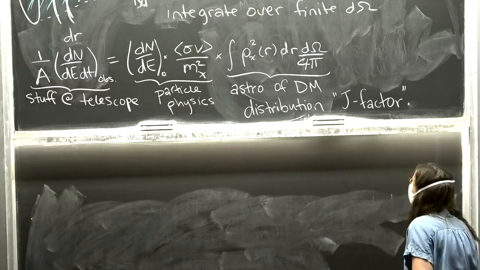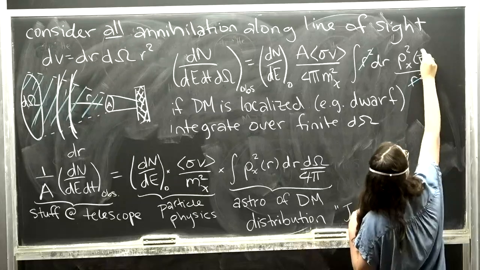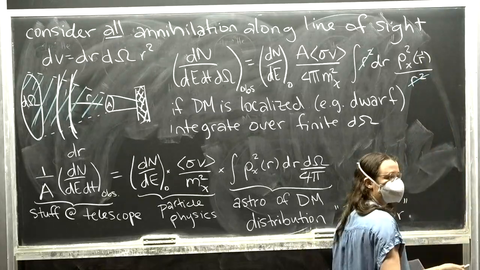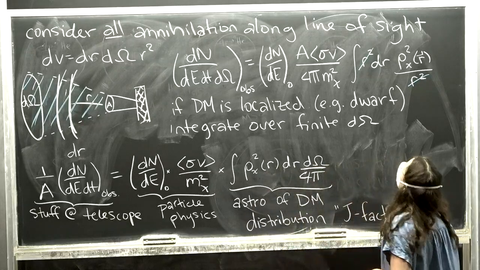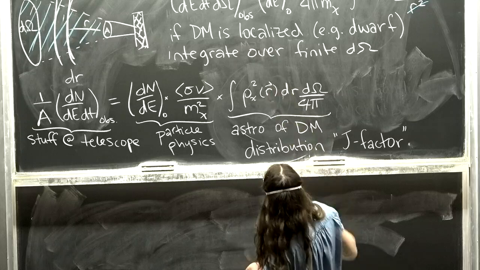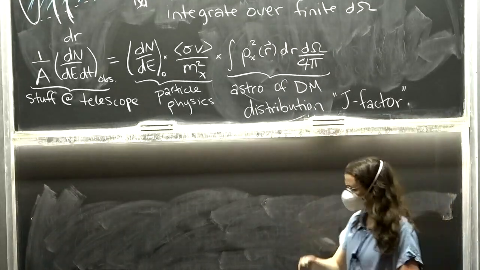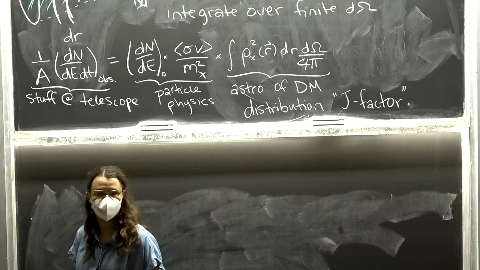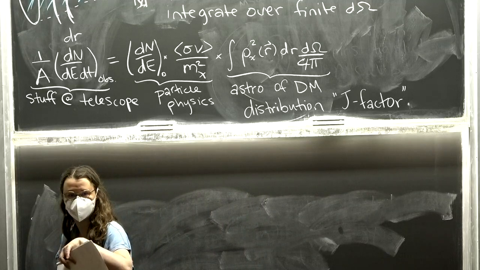Sorry, maybe this is a notation thing. So let me put a little vector there. Yeah, good. That's why. I'll put it here too. Other questions? Are we good over here? You good? Yeah? Okay.